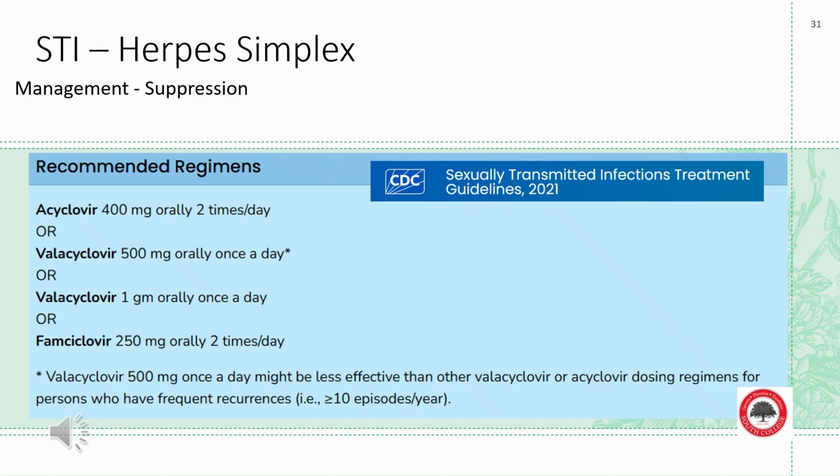So you have the first episode, the second episode, and then you have suppression doses. Almost all people with symptomatic first episode HSV2 genital herpes subsequently experience recurrent episodes of genital lesions. Intermittent shedding occurs among people with HSV2, even those with long-standing clinically silent infection.